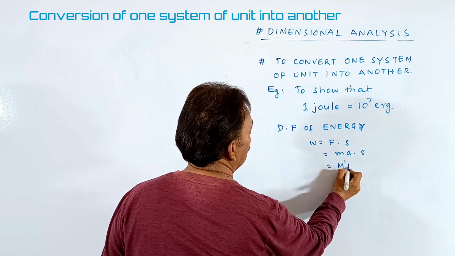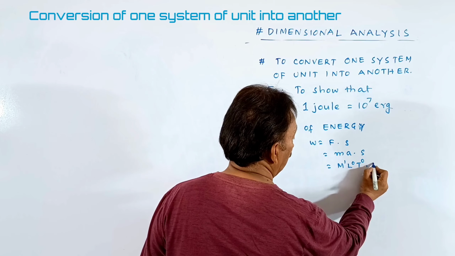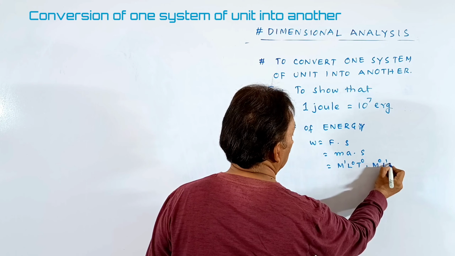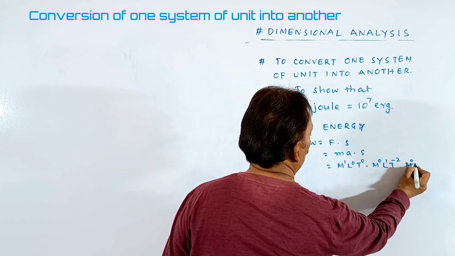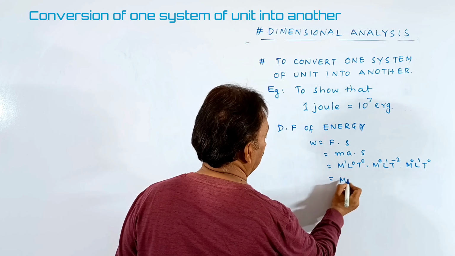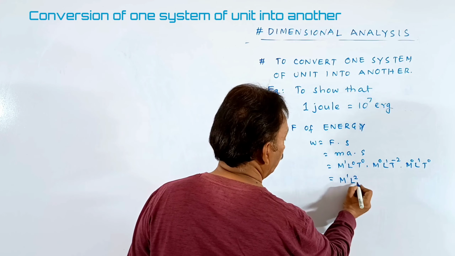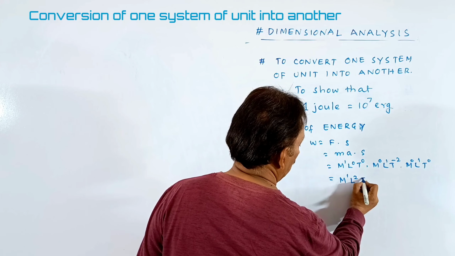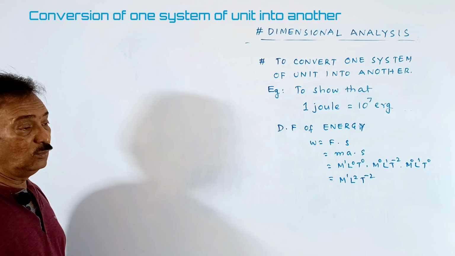Mass is M1 L0 T0. Acceleration is M0 L1 T inverse 2. And length is M0 L1 T0. That means finally we'll get M1 L2 T inverse 2.